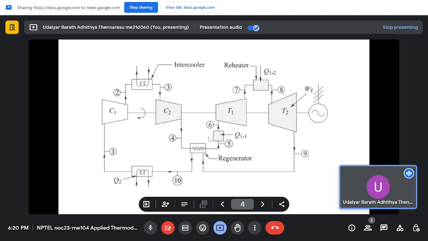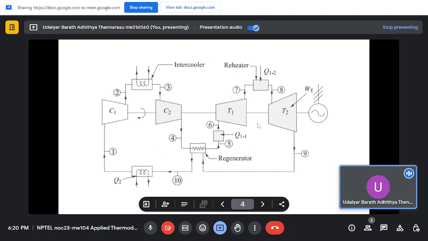The compressor is running between the same pressure ranges, and the temperature is also the same. So your compressor work input will remain the same, WC, and the same is true for the turbine. With the regenerator, you're adding some amount of heat from the exhaust, and it reduces the amount of heat you're providing. So Q1 reduces, and the turbine will also produce the same amount of work WT.